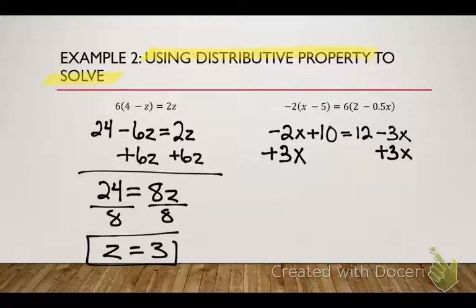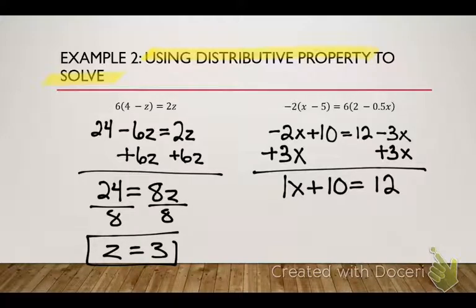You can still solve it that way, but you have to deal with a negative. So we're adding 3x to the left side, and now we get just x plus 10 equals 12. Now what could I do to both sides to solve? Subtract 10 from both sides. And x equals 2.